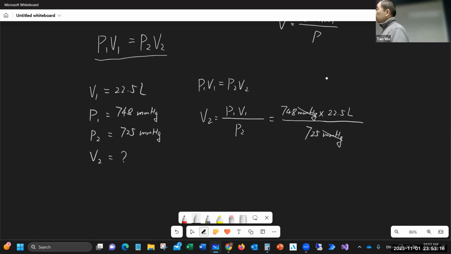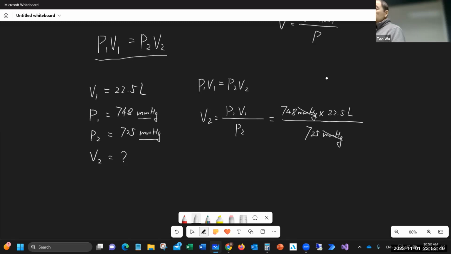And by the way, I need to emphasize over here, when you do these questions, the unit should be exactly the same. If you're changing the pressure, the units should be the same. If one unit is millimeter height of mercury and the other one is atmosphere, then you have to convert to the same unit. Then you do the calculation. Are you with me?